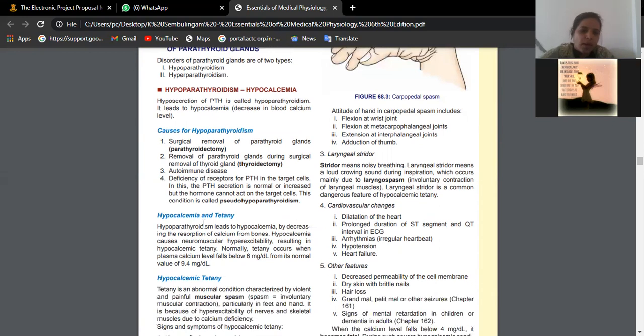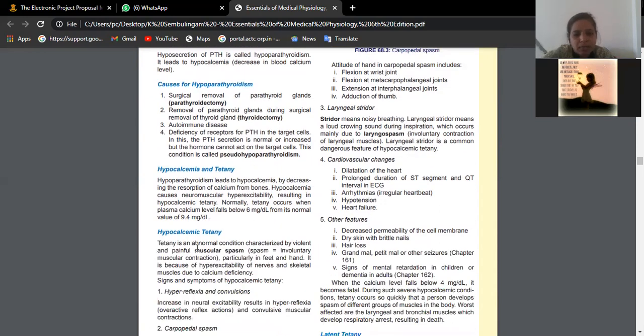So hypocalcemia, because of the low calcium levels, the muscle is unable to contract. So that is nothing but tetany. When calcium levels fall below 6 milligrams, normally it is 12 milligrams, beta, then usually we will see this hypocalcemic tetany, where you will see painful muscle spasms.